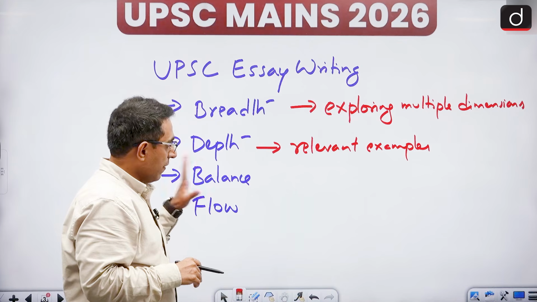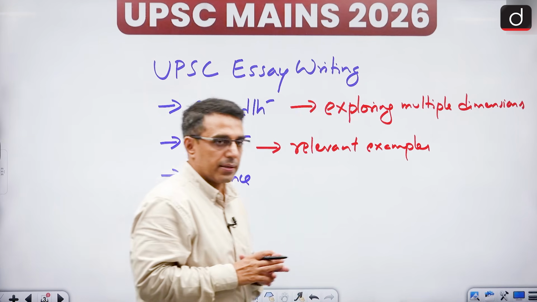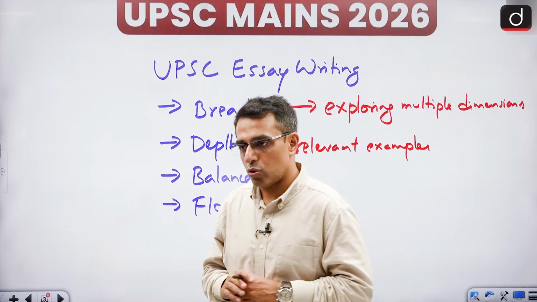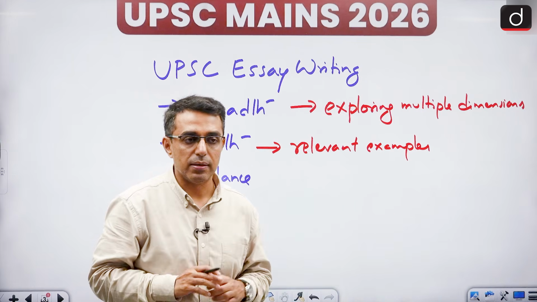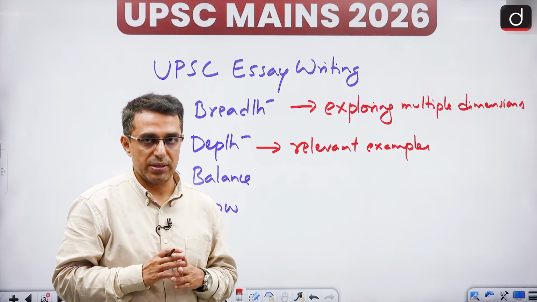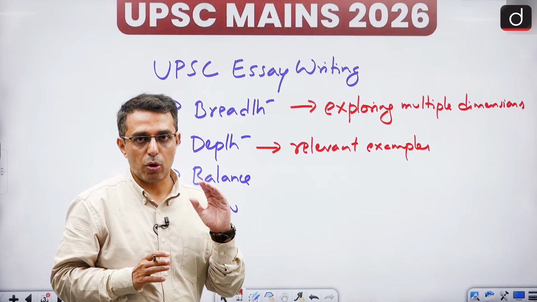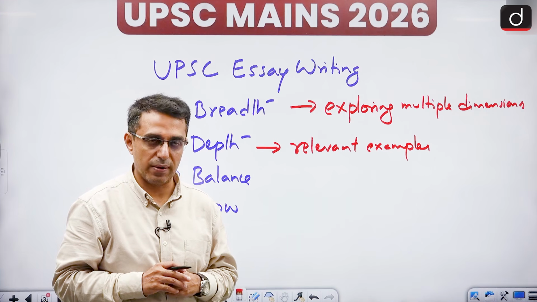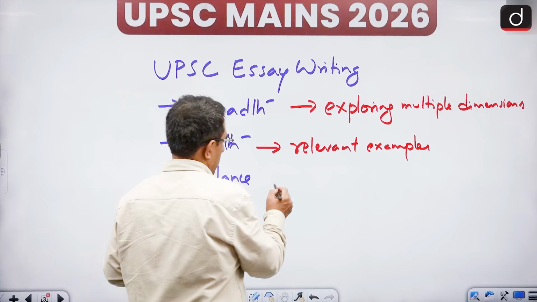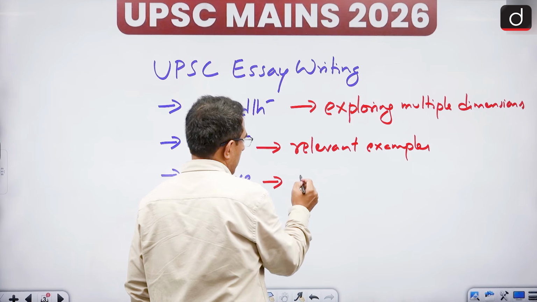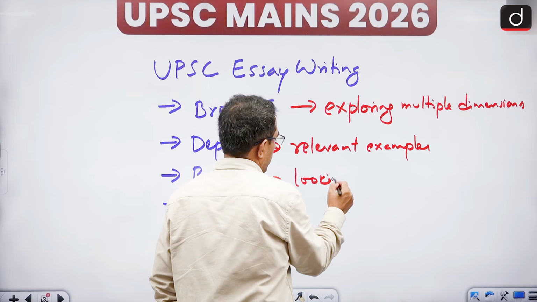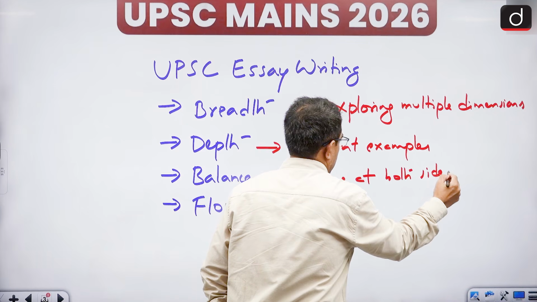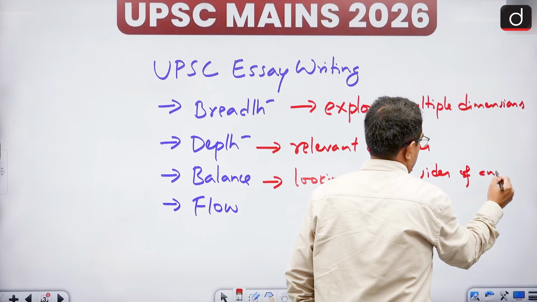Then we have to be very careful that the essay must be balanced. So we have to make sure that we are also giving counter arguments. Even if the essay topic is one-sided, we have to make sure that we are giving a counter argument as well. So balance. It will be basically looking at both sides of any issue.